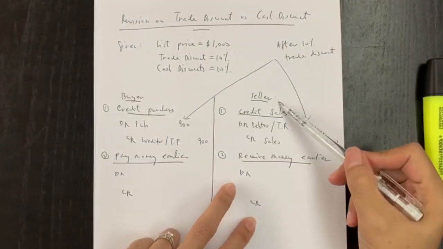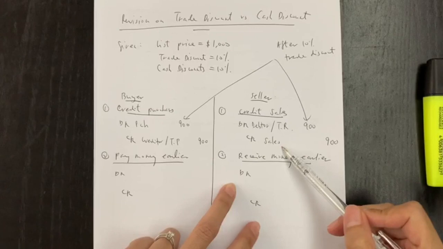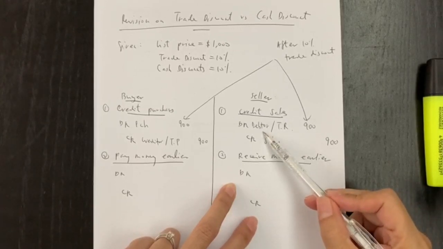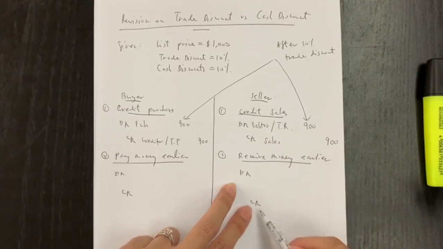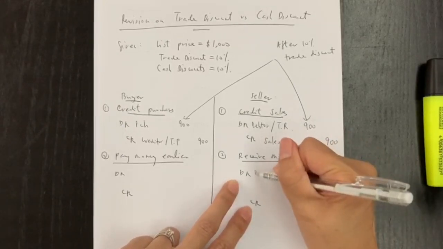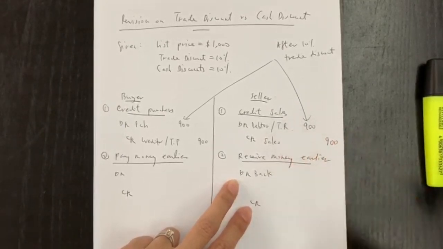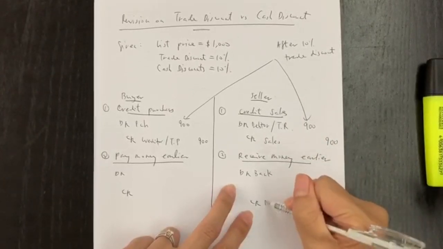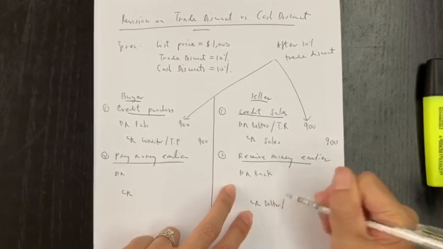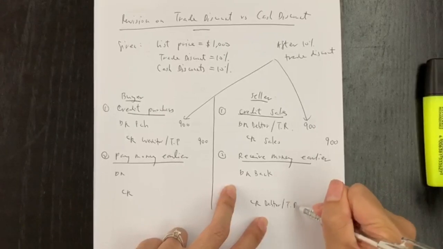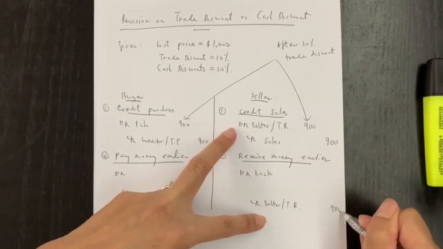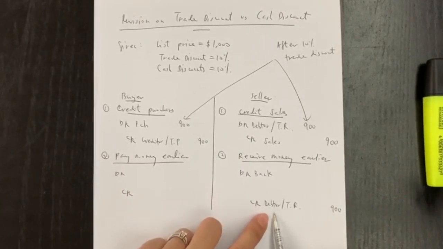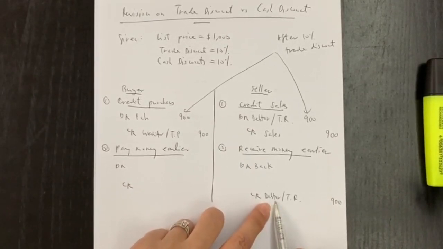Okay, and we are seller, and after making credit sales, of course, we don't want to wait for a long time that the debtors to pay us money. So what can we do here? So when we have money received, so debit bank, and then credit debtor, and debtor is same as trade receivable. Look at this. This is 900, so I put 900 here, goes to debtor. Okay, so what is the incentive given to our customer?